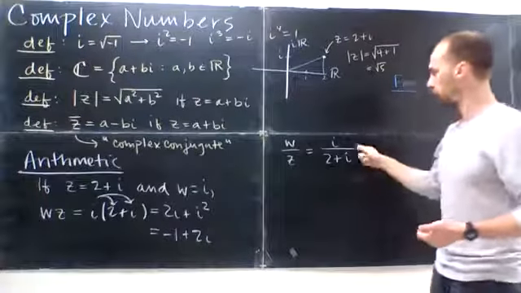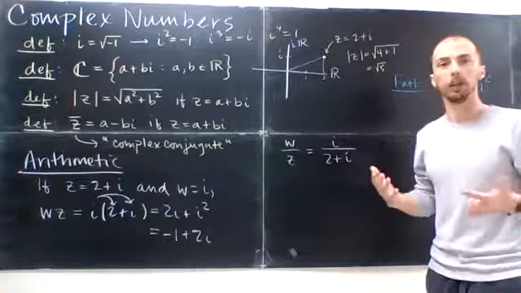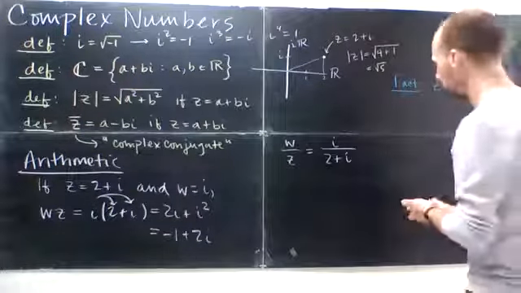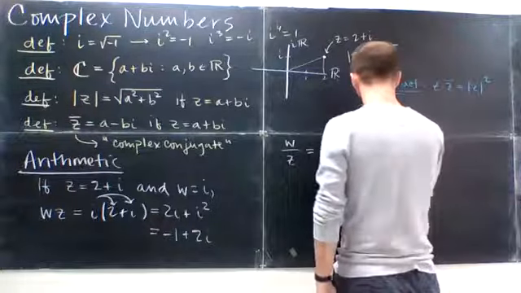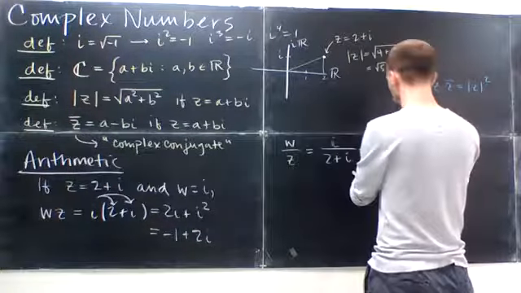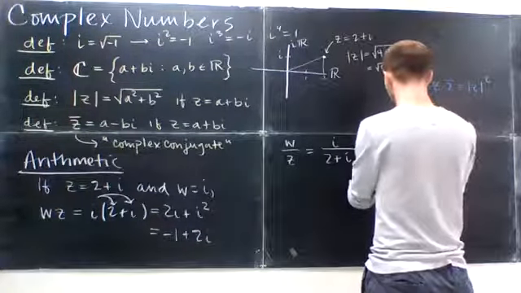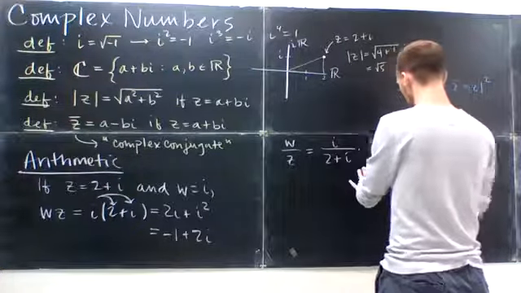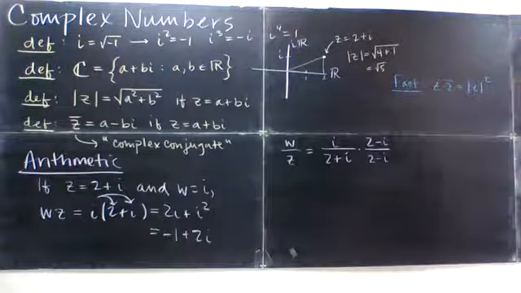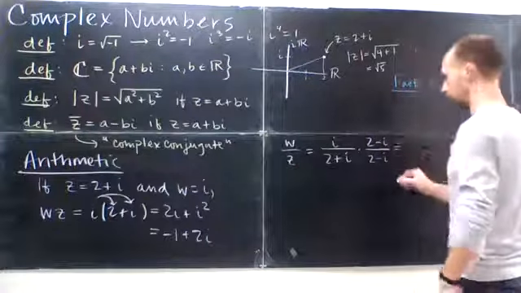So I'm going to multiply on top and bottom by the complex conjugate. If I've multiplied by 1, I'm not going to change this number. I'm just going to write it in a different form. So I'm going to multiply on top and bottom by 2 minus i. And then I'm going to use the distributive property, at least on the top.